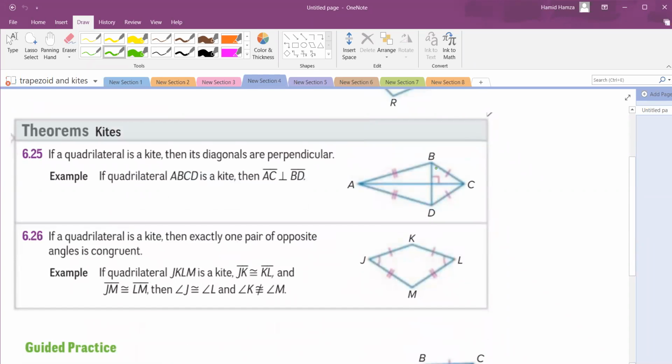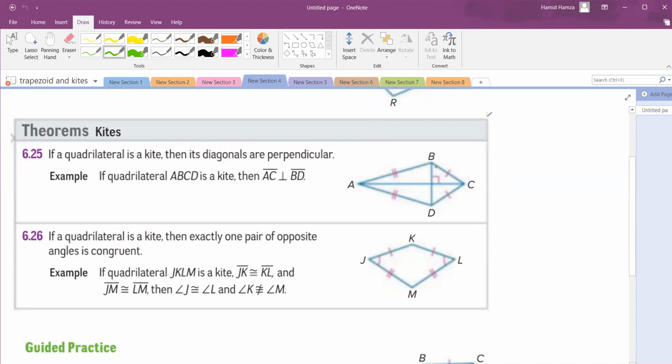Now we'll talk about the properties of a kite. If you join the diagonals AC and BD, the diagonals will be perpendicular and the long diagonal will bisect the short diagonal.